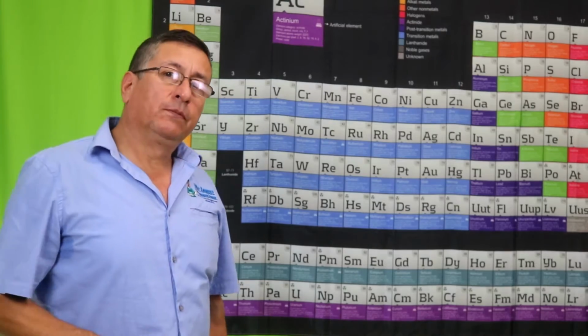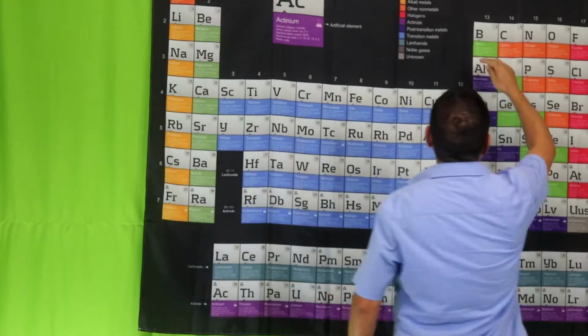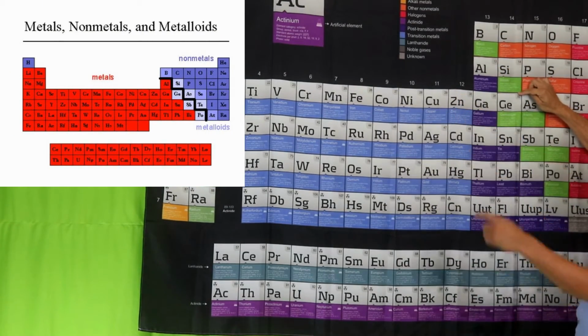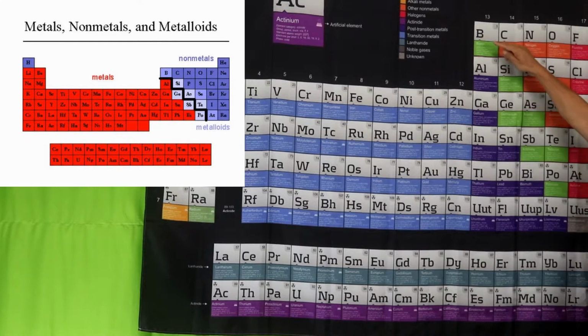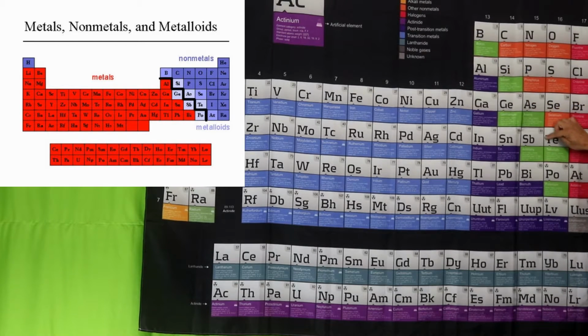In the periodic table, we find a division, here, exactly like this, and finishing over there. It is boron, silica, arsenic, tellurium, astatine. Here it is like a ladder.